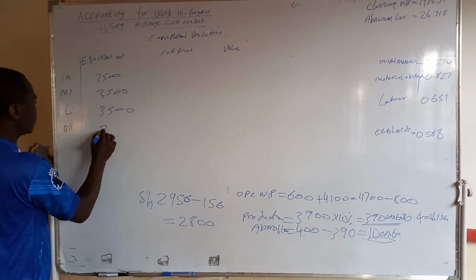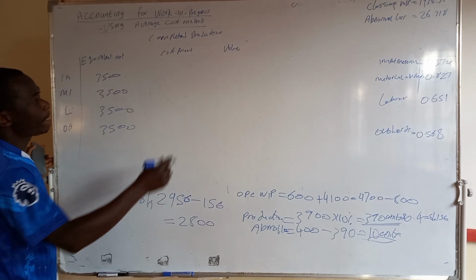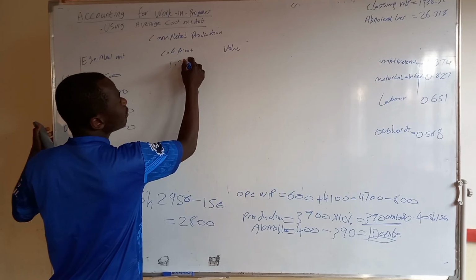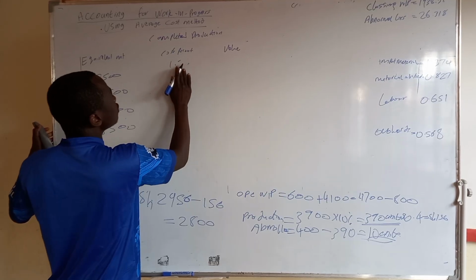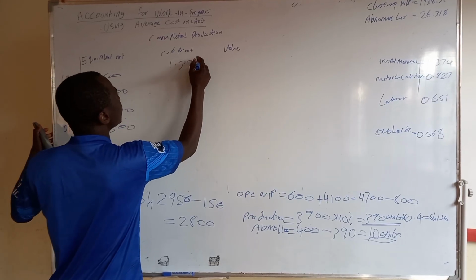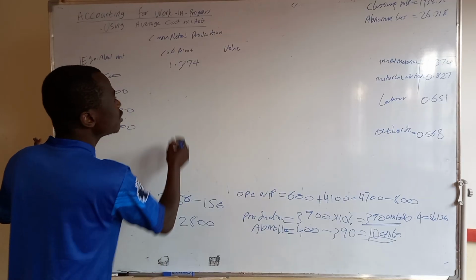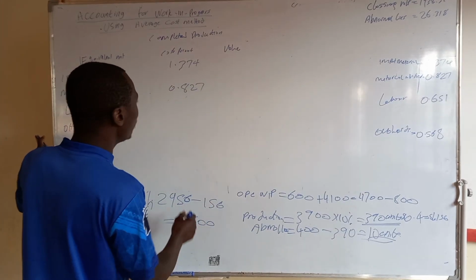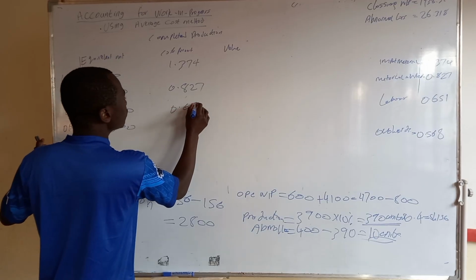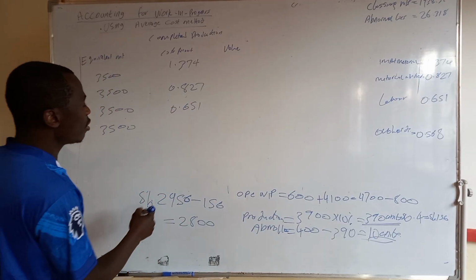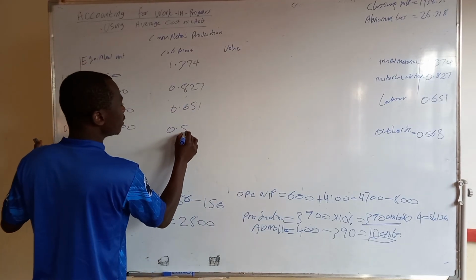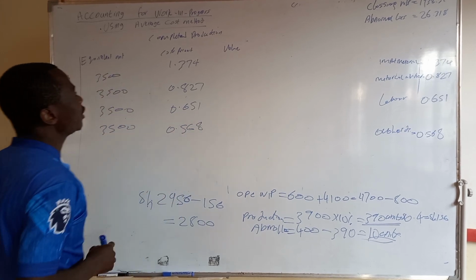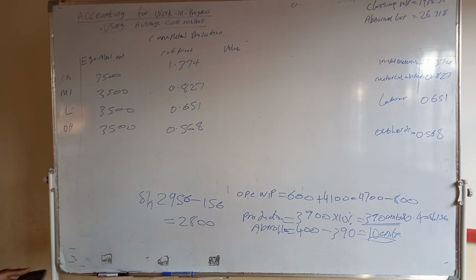Cost per unit is 1.374 for input materials, 0.827 for material introduced, 0.651 for labor, and then 0.568 for overheads.